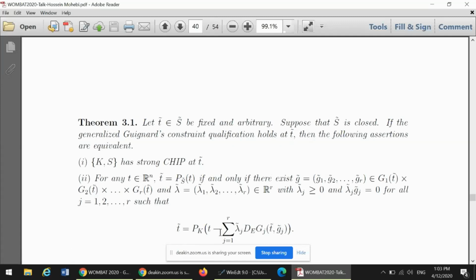Often, finding the best approximation of a perturbation of T in a closed convex cone is easier than finding the best approximation of T in S tilde.